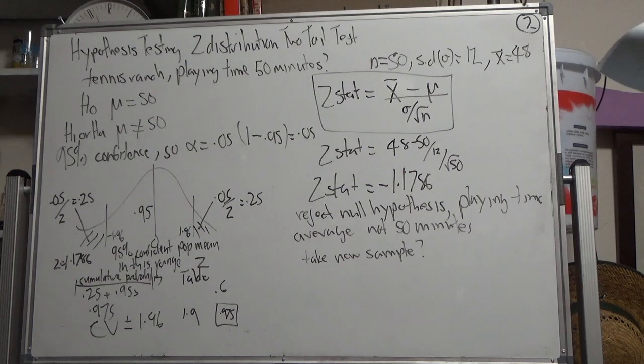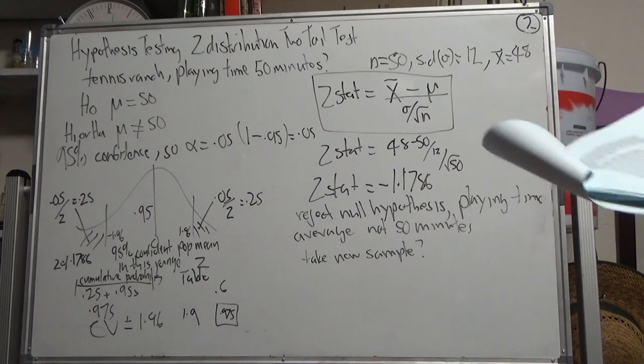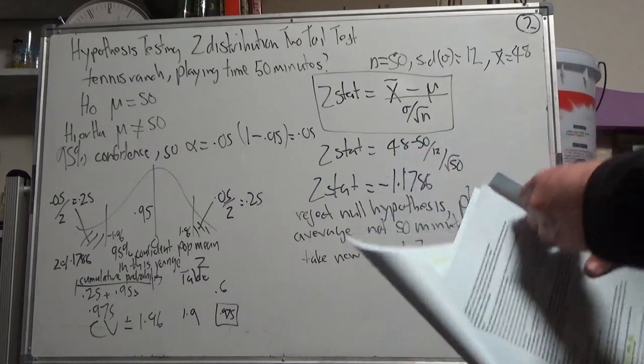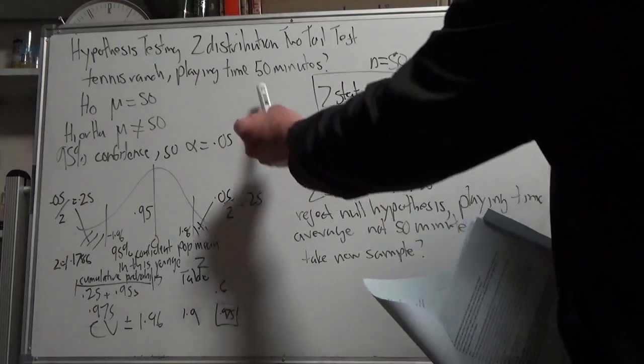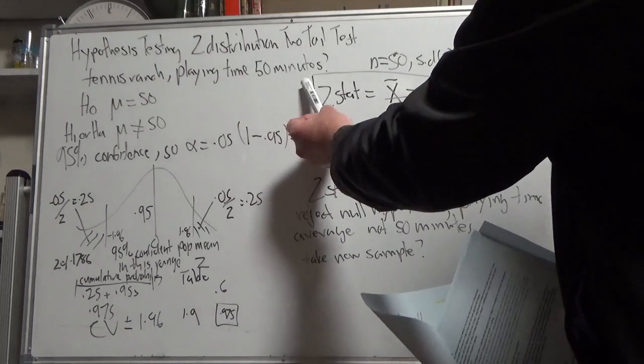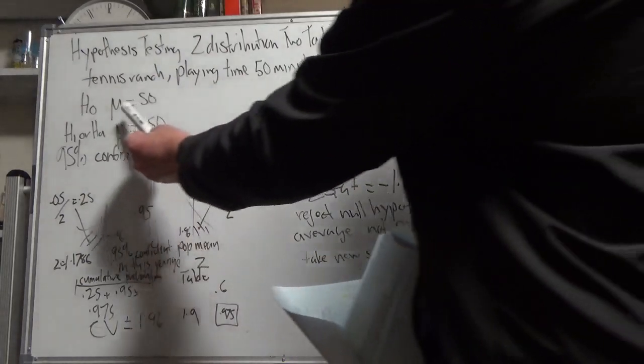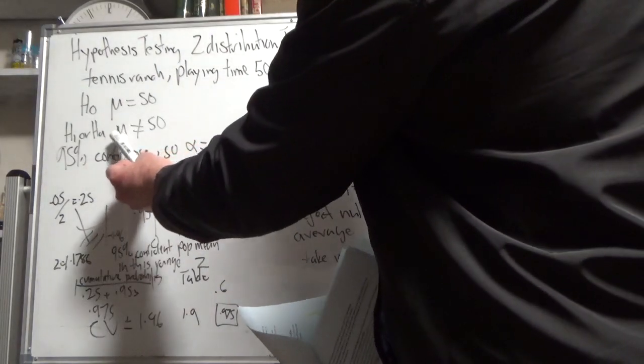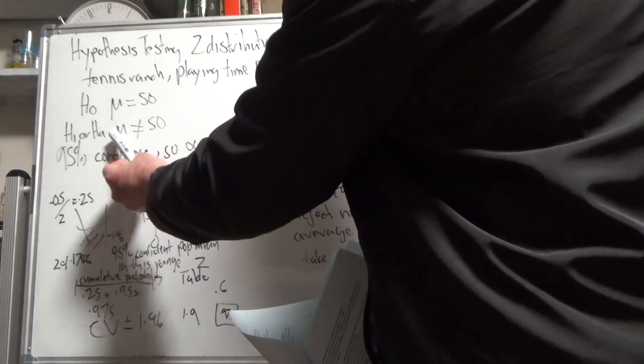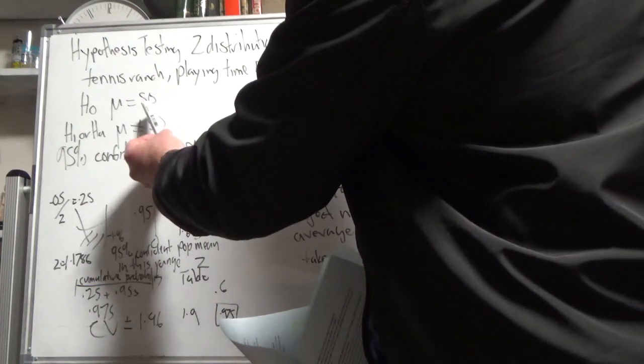So the first step is we've got to set up the hypotheses in hypothesis testing. So Jim thinks the average playing time is 50 minutes. So set mu equals 50 as the null hypothesis, the main hypothesis, the one that you think is the case, and the alternate hypothesis, denoted by either HA or H1, is mu is not equal to 50.